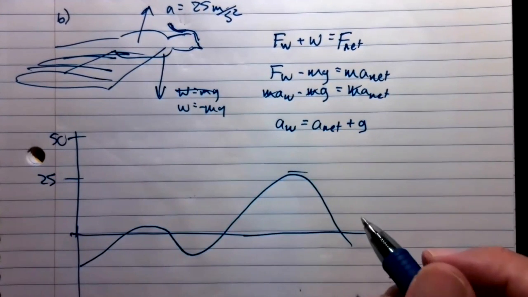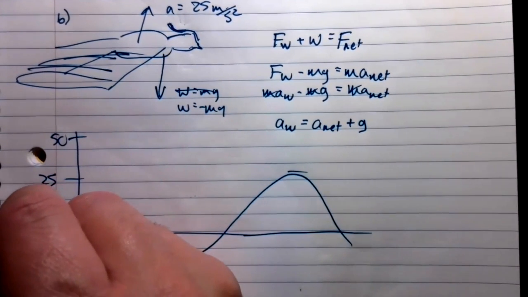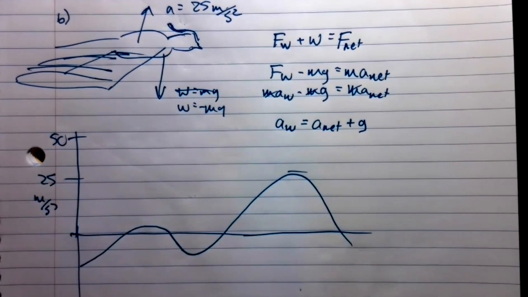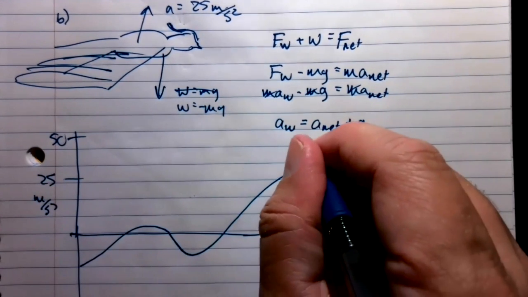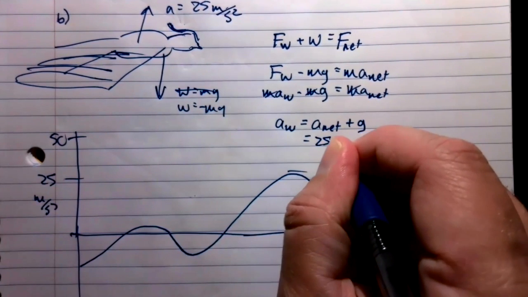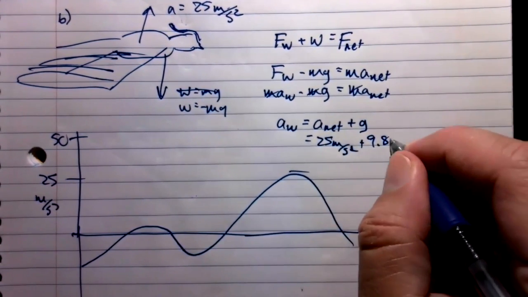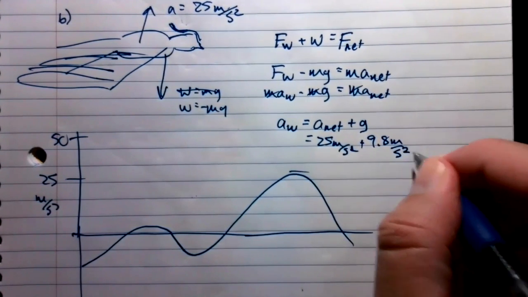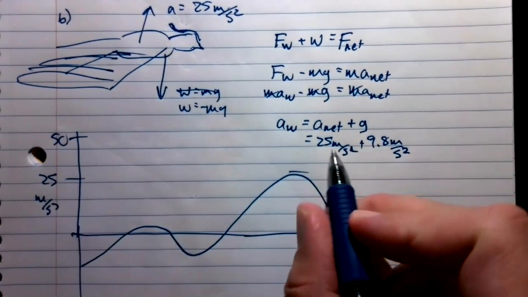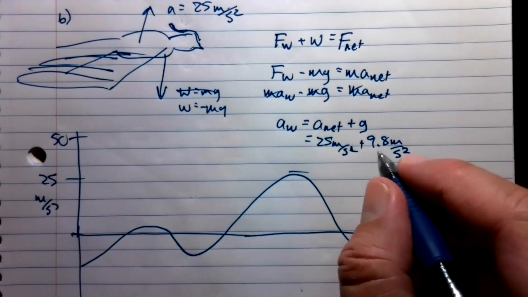Yes, this was about 25 meters per second squared. So now we have 25 meters per second squared plus 9.8 meters per second squared. We will add those two together, so it'll be 34.8.